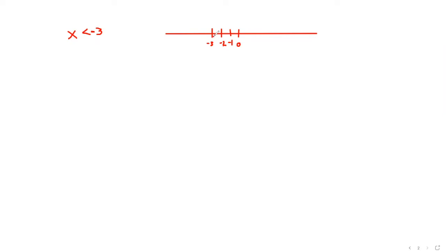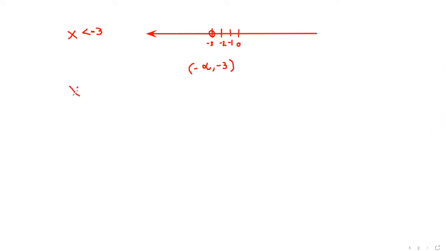Any number less than negative 3. So we put a hollow circle here, and we draw a line pointing to the other direction. In the notation form, we write it like this: negative infinity, it starts at negative infinity, and then it comes up to negative 3, but negative 3 is not included, so there will be a parenthesis.